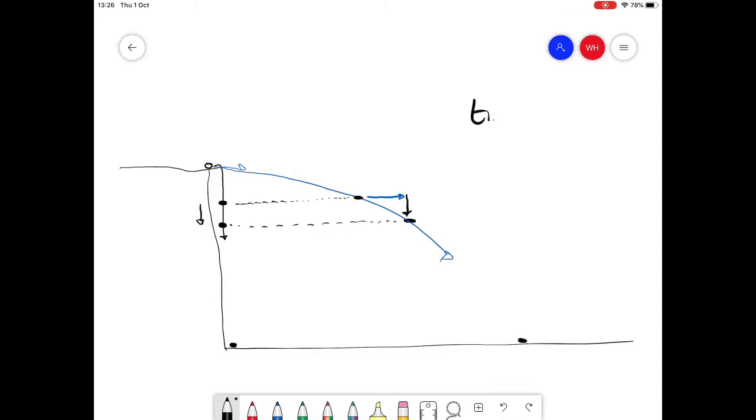So the time of flight, the time to fall, is the same, which is a little bit counterintuitive, isn't it? You wouldn't expect that to happen.